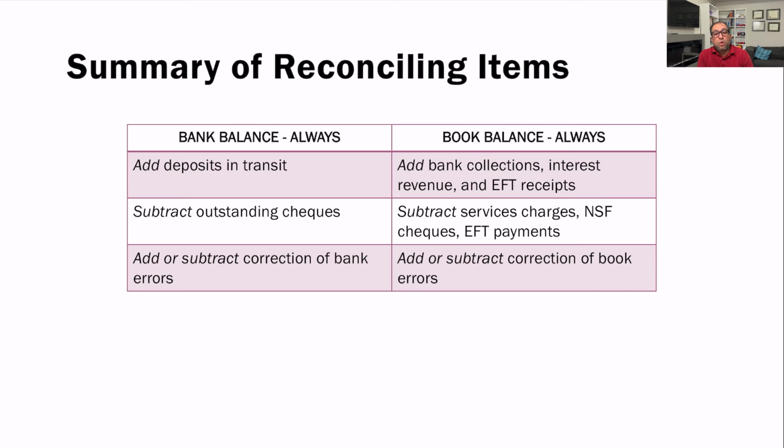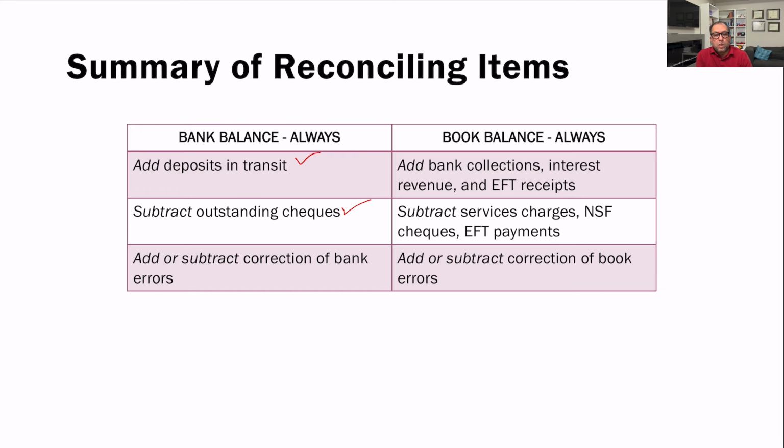In summary, we do three types of adjustments to our bank statement balance. One is add deposits in transit, subtract outstanding checks, and adjust for the error if there is an error, according to the error. Sometimes we add, sometimes we deduct based on the type of error.